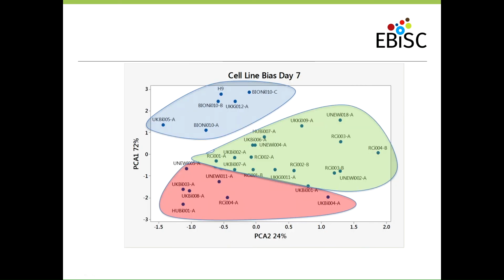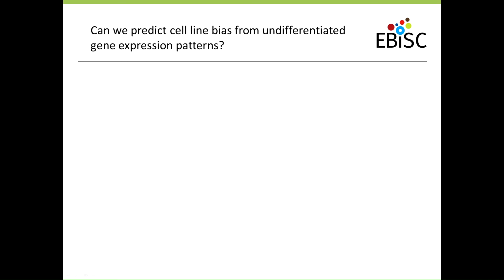And then when you PCA them, you can actually see that there are 3 quite distinct groups. The one up here being the ectoderm one. These are the ones that scored in the middle, and these are the ones that appear to be more endoderm, mesoderm bias, if you want to call it.